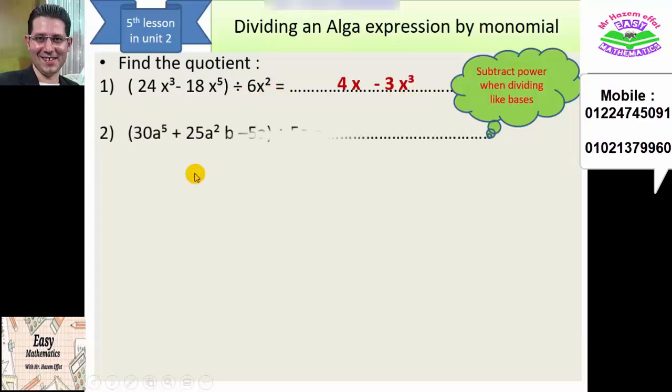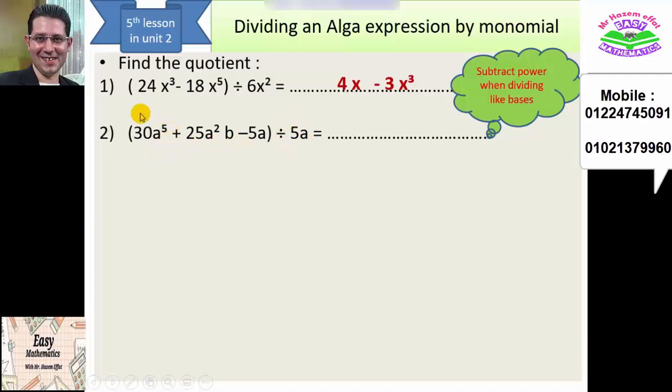Let's see more exercises. He gave me here an algebraic expression formed from three algebraic terms: 30a^5 plus 25a^2b minus 5a, divided by the monomial 5a.